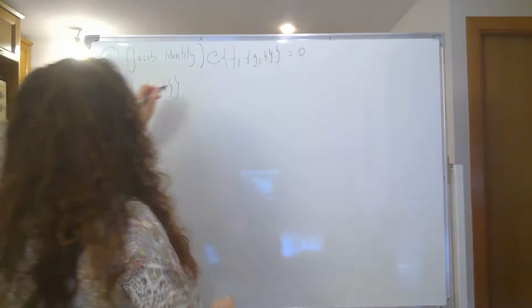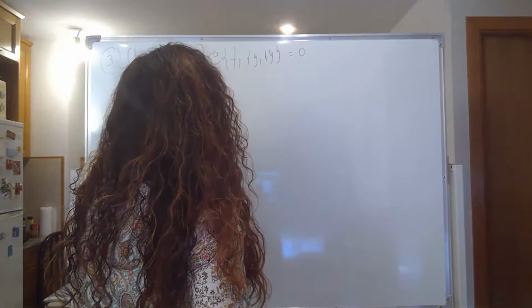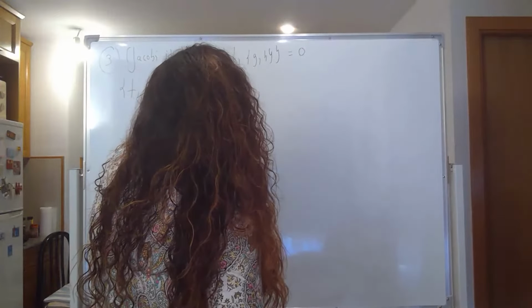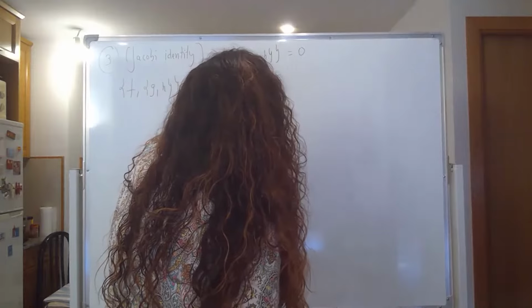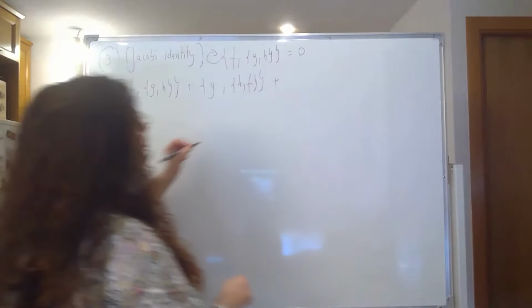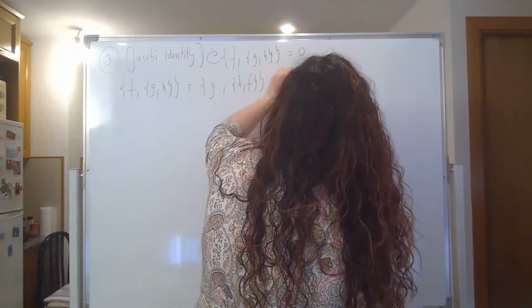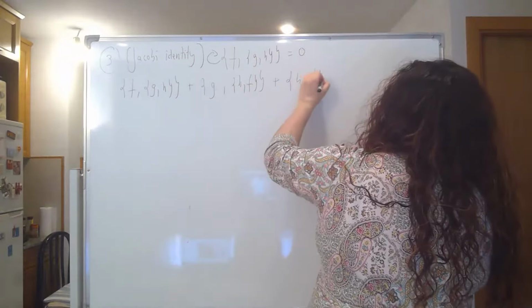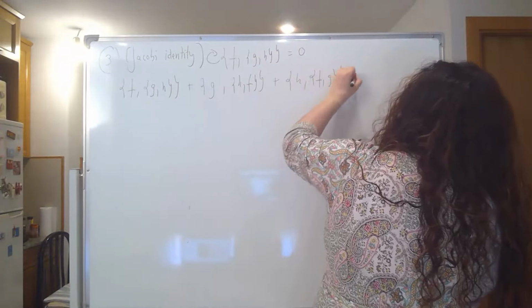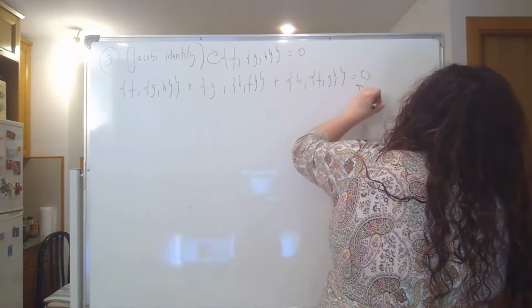Next one will be g, next one will be {h,f}. Plus, next one will be h, and then I have {f,g}. And the sum of this is equal to 0. This is Jacobi identity.